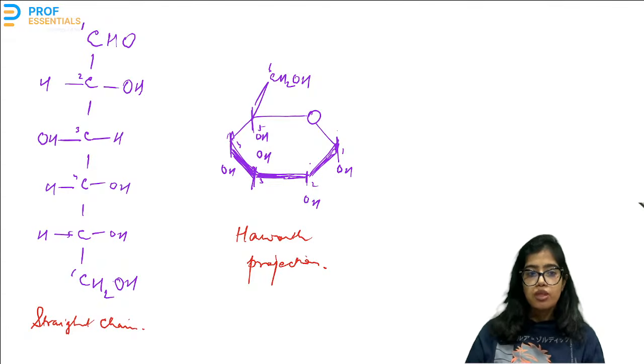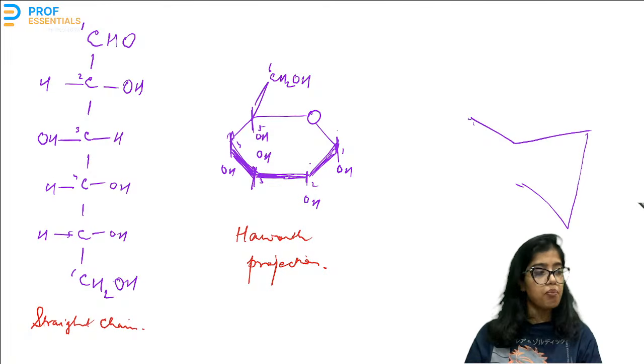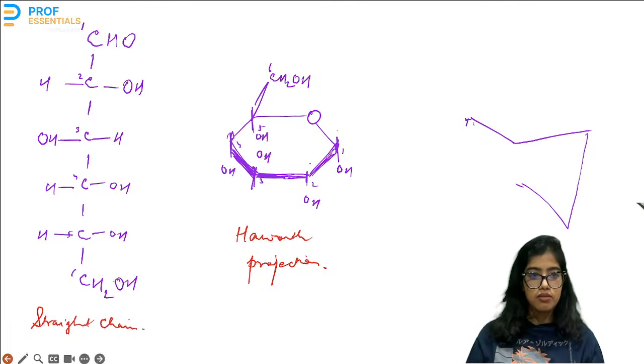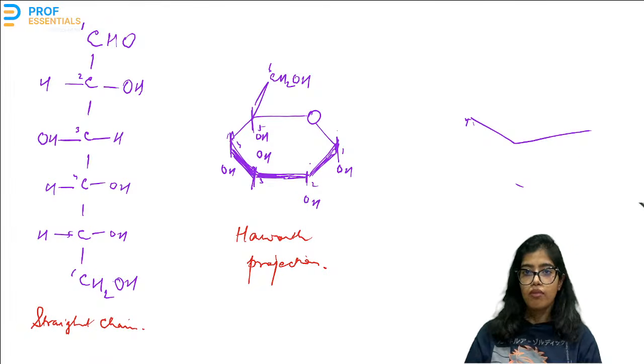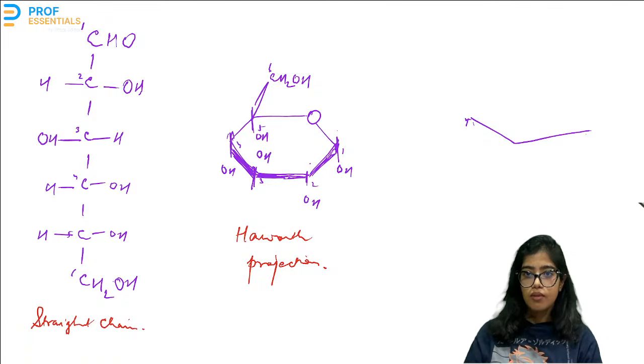And the last will be the chair projection. How is the chair projection? Now you draw it like this, like a bow. So this is drawn like a bow.